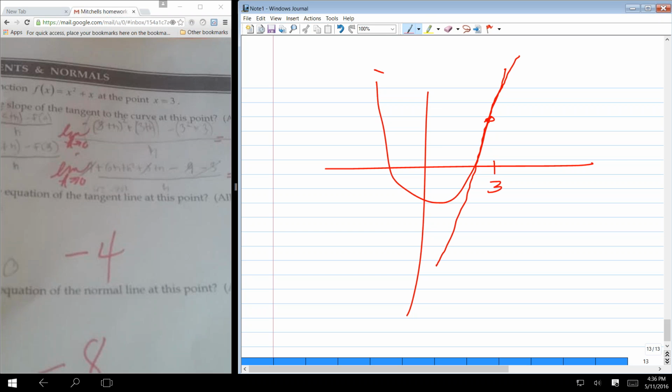So the normal has to go through that same point, which is 3, 12. So doing the equation of the normal is a two-step process. You've got to get the reciprocal of the slope and you've got to change its sign. But that's it. None of the rest of the equation changes.